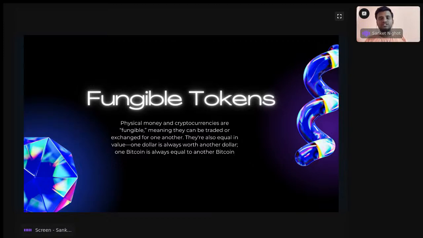In that way they are physical currencies, and the same value of that currency will be digitalized. So the 1 rupee on the digital platform and the 1 rupee coin which you have will have the same value, and it can be used for trading. You can pay with it.